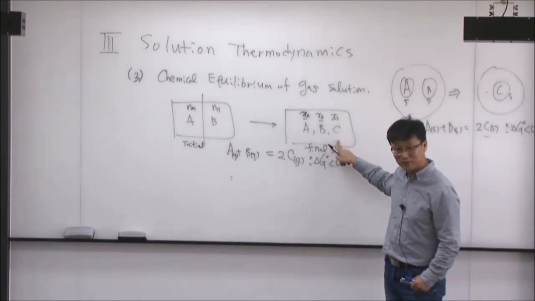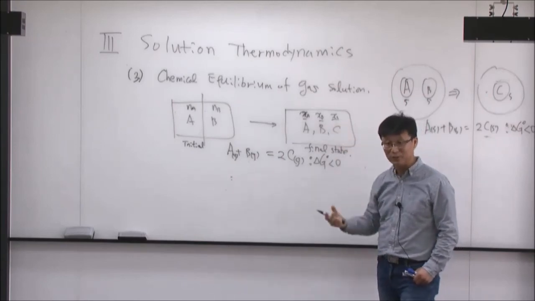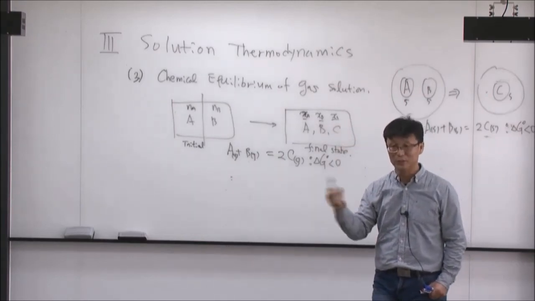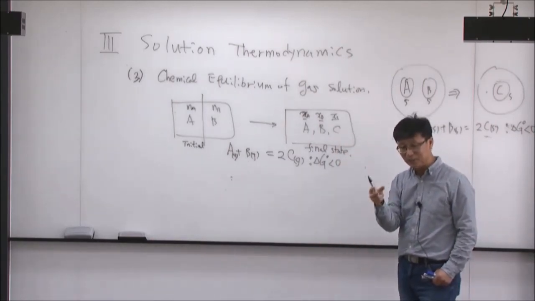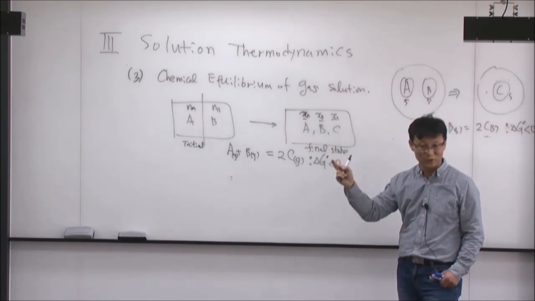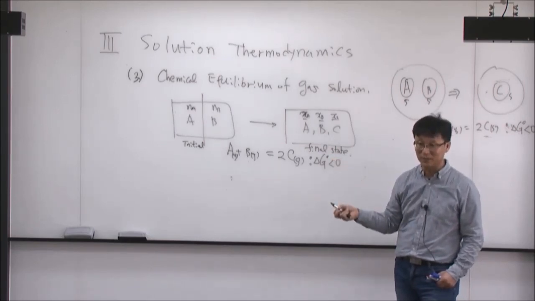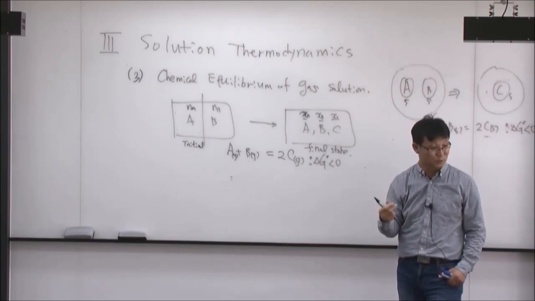Okay, but for this one, now instead of making only C, if you make only C, the Gibbs energy of the gas phase is only the C phase. Okay, but if you leave a little bit of A, a little bit of B, and a little bit of C, then the entropy is not 0. By mixing 3 different gas phases, you can actually generate some entropy.